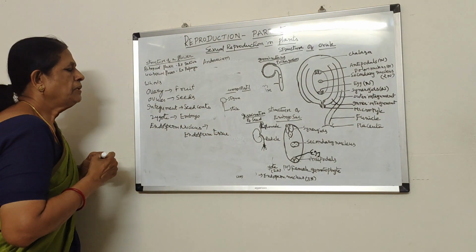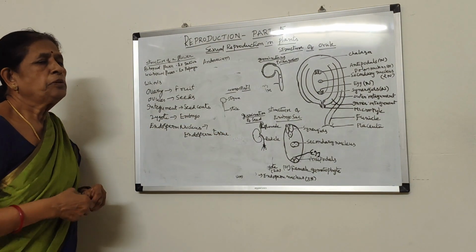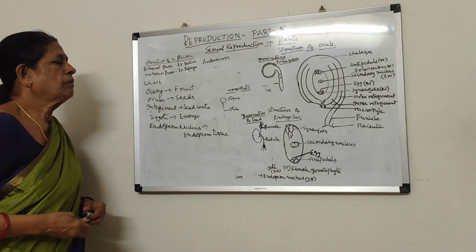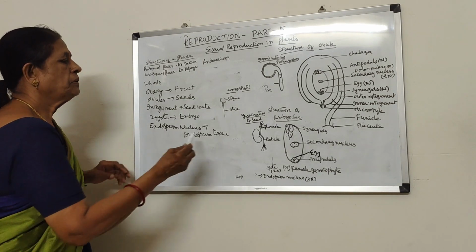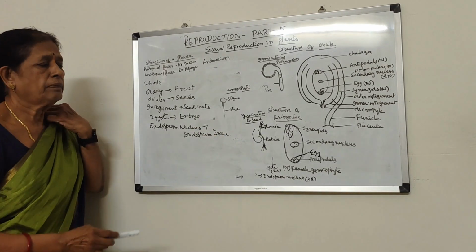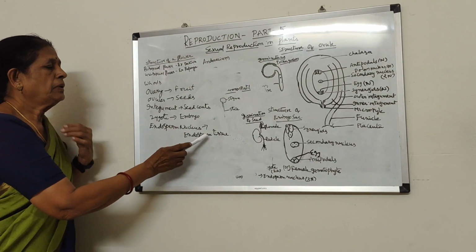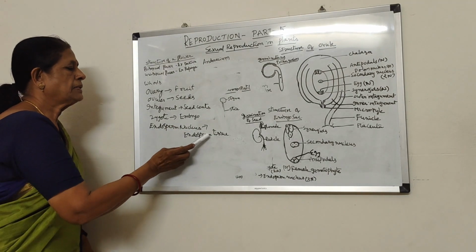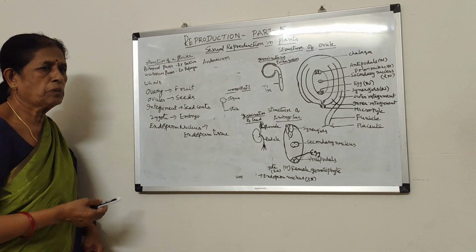This endosperm tissue is nutritive tissue. It will provide sufficient nutrients for the growth and development of the embryo. That means the embryo utilizes the nutrients present in the endosperm tissue and grows.